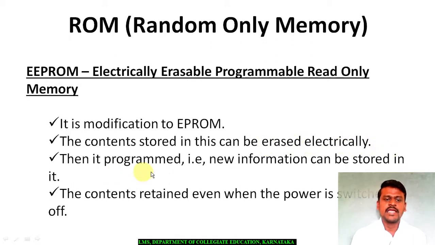So it is programmed again and new information can be stored in it, and the content is retained even when the power is switched off, right? Even when the power is off, the content remains stored within these memories, and it can be erased and new data can be added using electrical signals. So these are some of the memories.